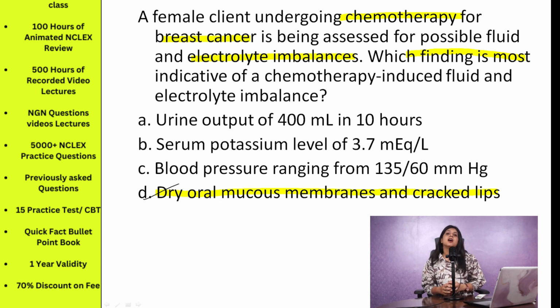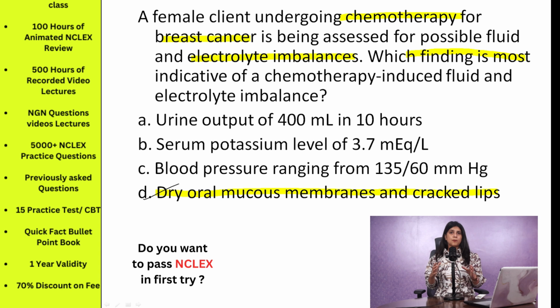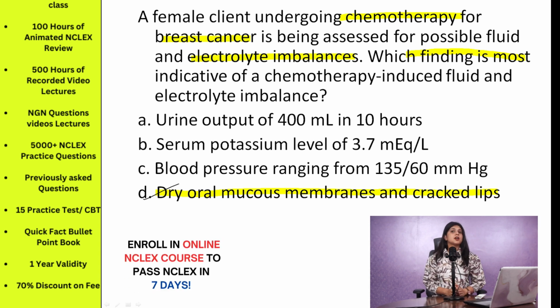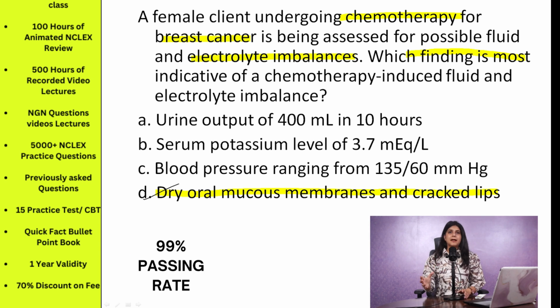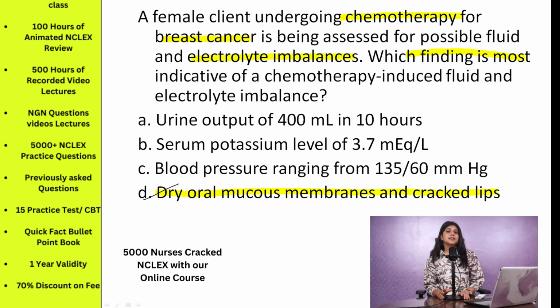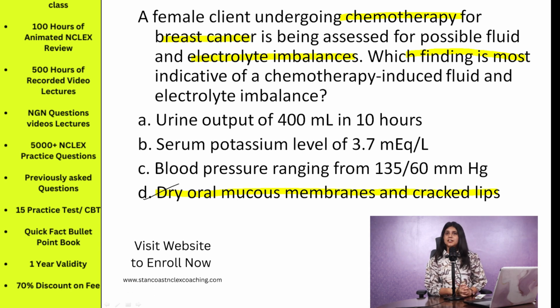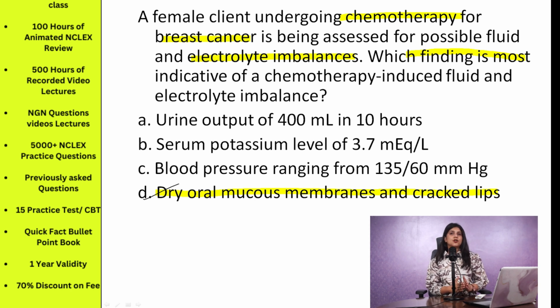Option B. A serum potassium level of 3.7 milliequivalents per liter is within the normal range, so it does not indicate a major imbalance. Option C. A blood pressure of 135/60 millimeters of mercury is slightly elevated systolically, but does not indicate dehydration, as fluid loss typically leads to hypotension. We're moving on to a new case.